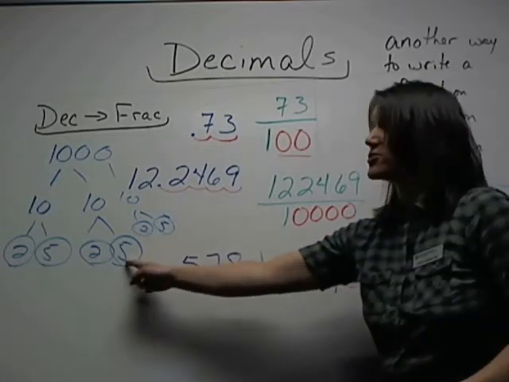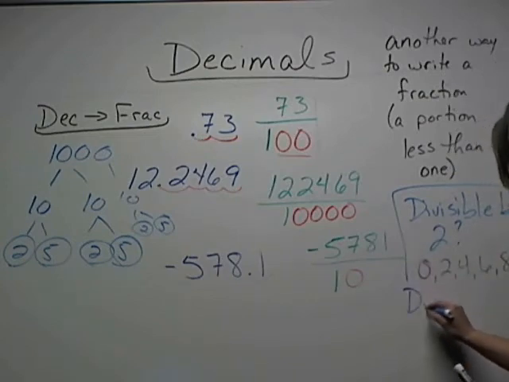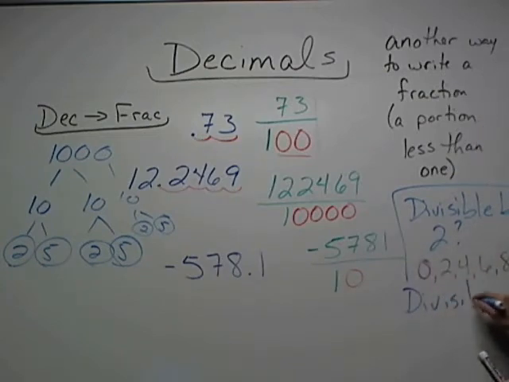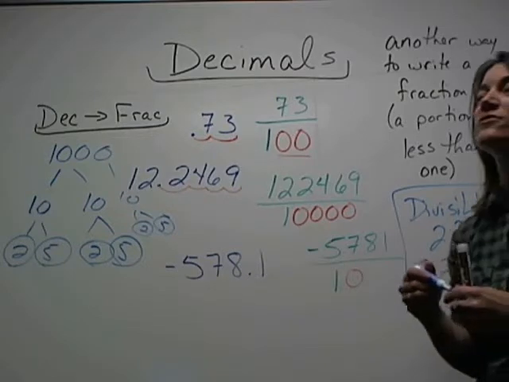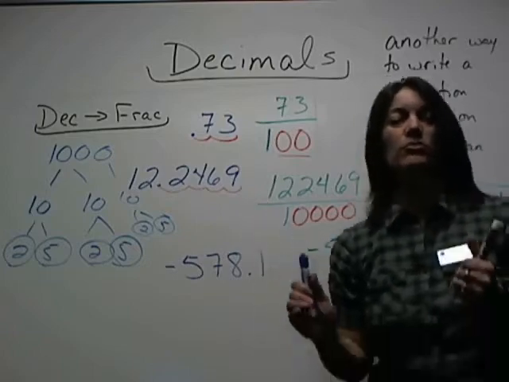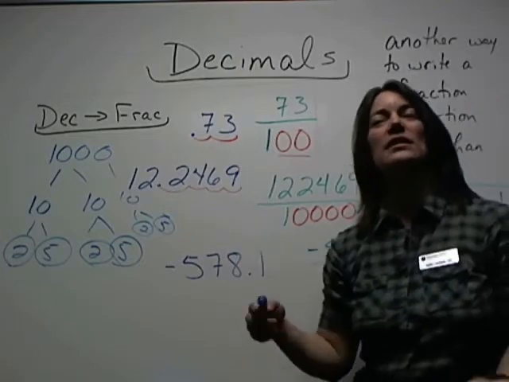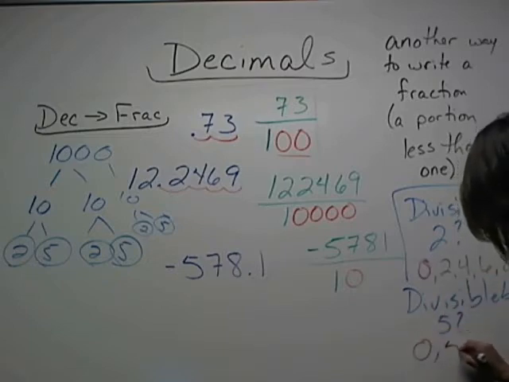But since one of my factors is also 5, I need to know how my numbers are divisible by 5. And those were the fun ones because we learned how to count by 5s. 5, 10, 15, 20, 25, 30, 35, 40. It always ended in a 5 or a 0. So it's divisible by 5 if it ends in a 0 or a 5.